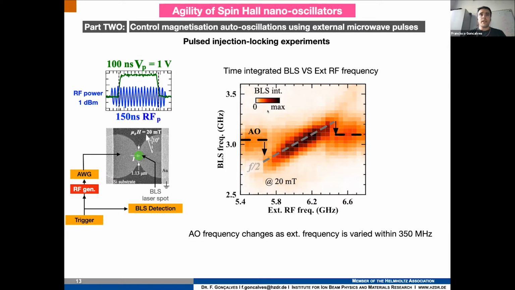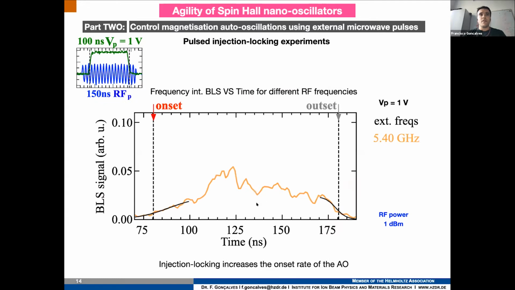It is also relevant to look at the time profile of the BLS signal. Before we reach the injection locking range, we see a slow increase rate at the onset, and we see some oscillations in the amplitude of the BLS signal.